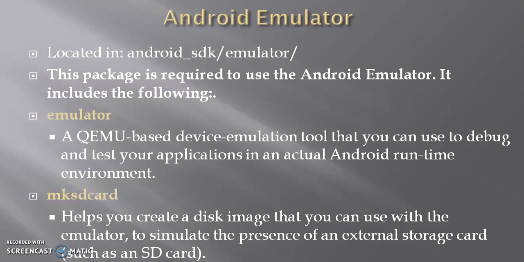QEMU is an open source and free emulator that performs hardware virtualization. The next one is Make SD card, that is mksdcard, which helps you to create a disk image that you can use with the emulator to simulate the presence of an external storage card such as an SD card.